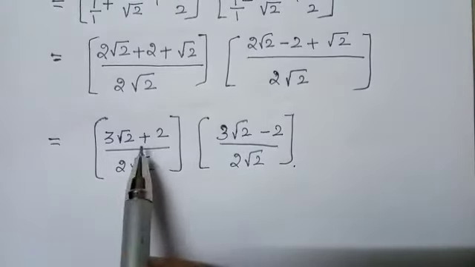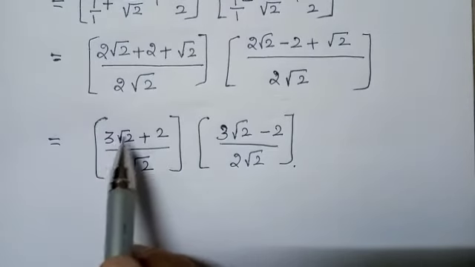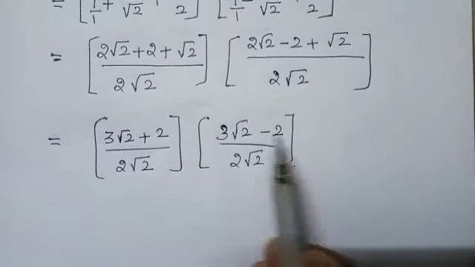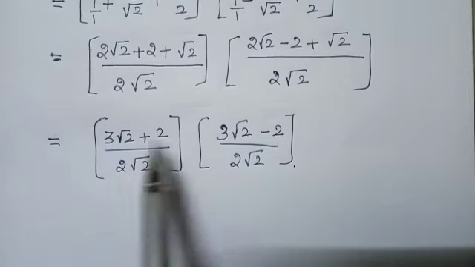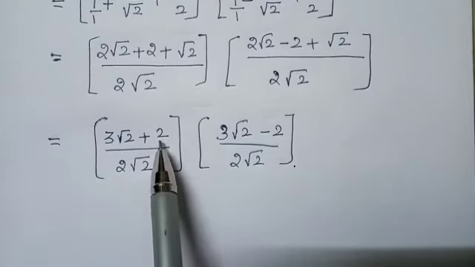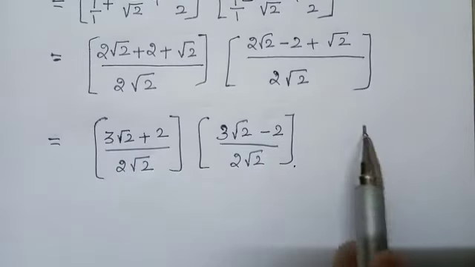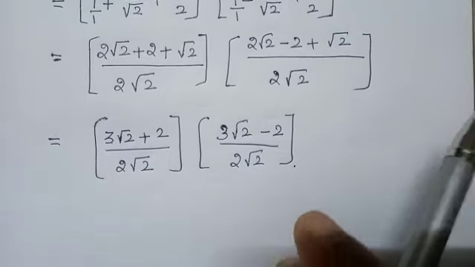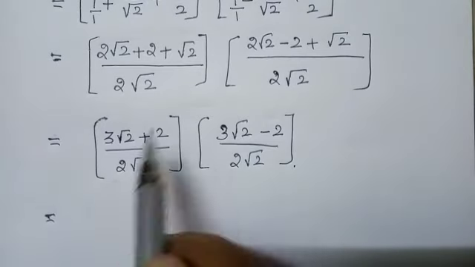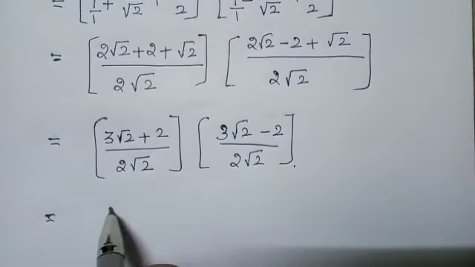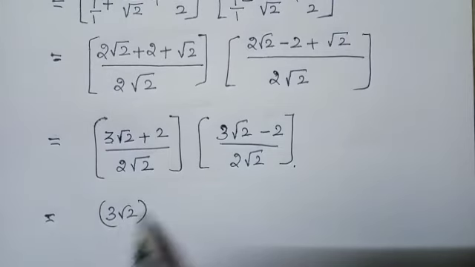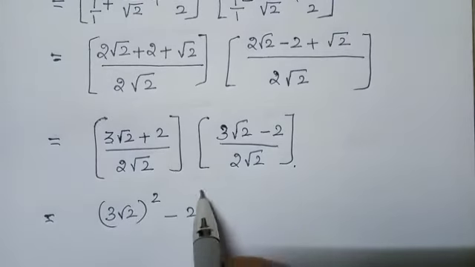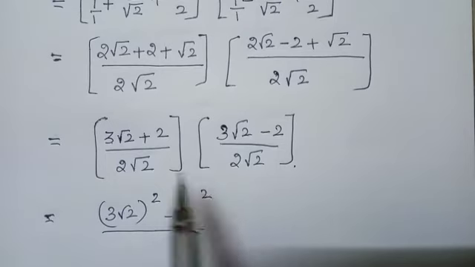See the numerator: 3 root 2 plus 2, 3 root 2 minus 2. So here we can apply the formula: a plus b into a minus b equals a square minus b square. We can apply that formula.